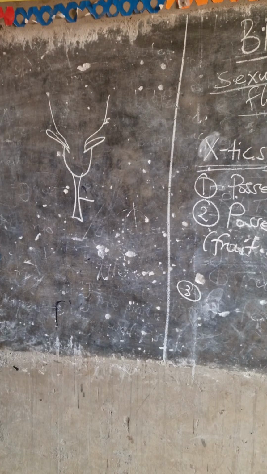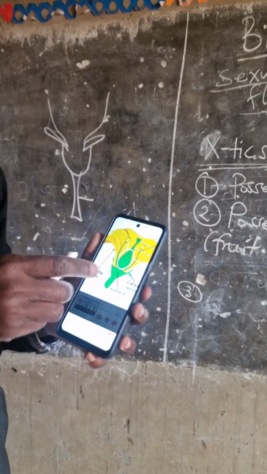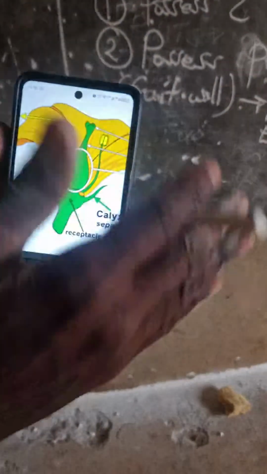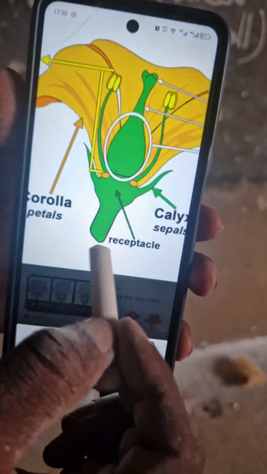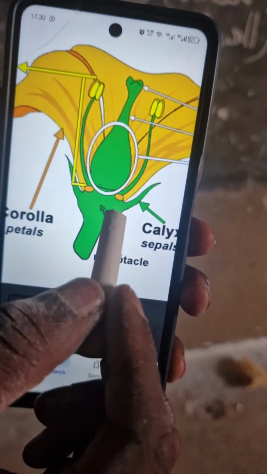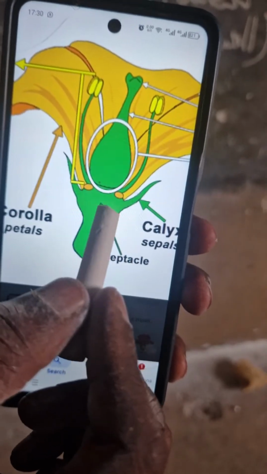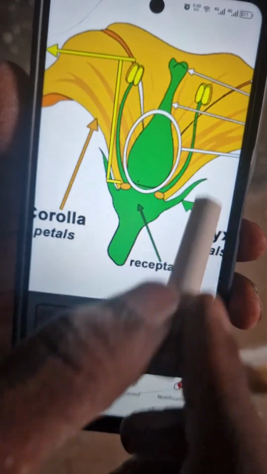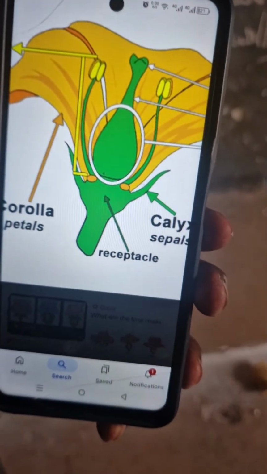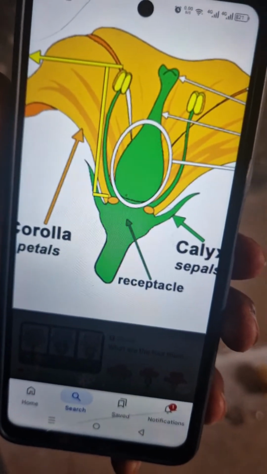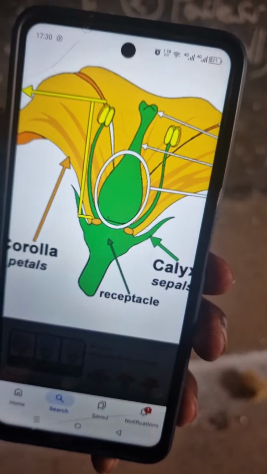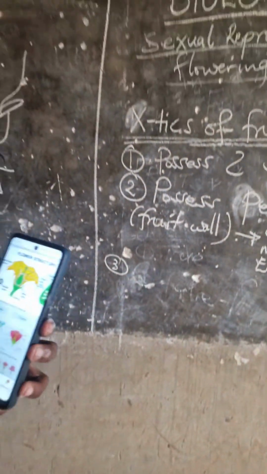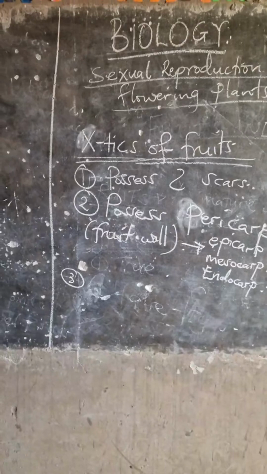On a flower, this is the receptacle, the one that is holding the calyx and the petals. The receptacle is this part that connects to the pedicel, the outer part of the flower that holds the calyx and the corolla. I think we are together. So that is a receptacle. I think I've answered that question.